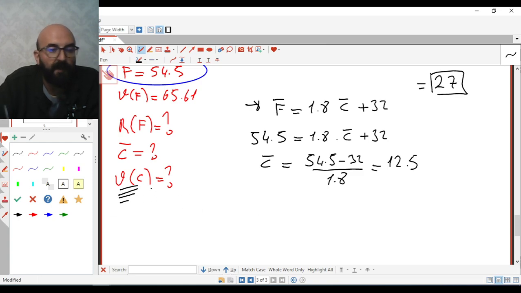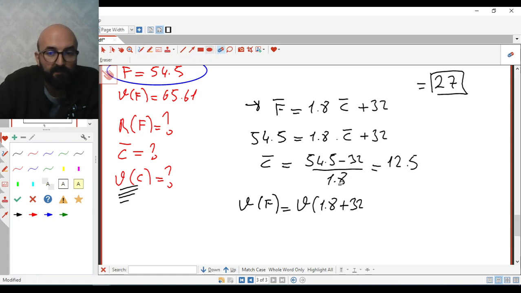And we want to find the variance. The variance of F, and also I can write the variance of 1.8 C plus 32.